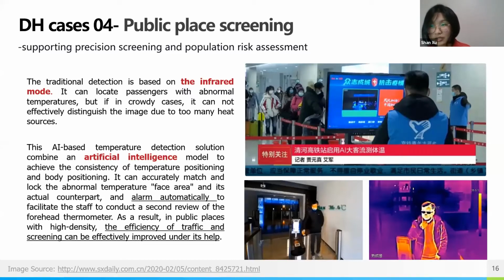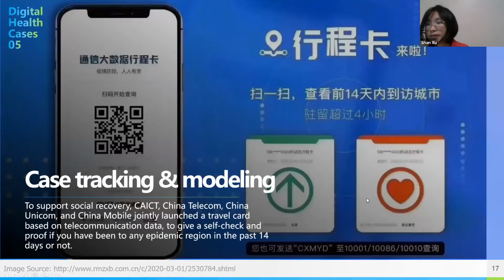I know Ms. Yuan will have more technical details in her presentation, so I'll just skip it and leave the details to Ms. Yuan's presentation.